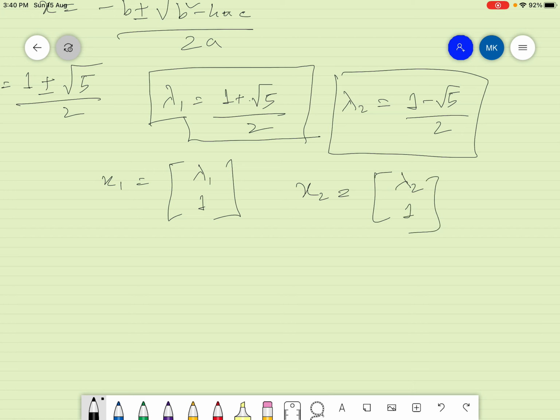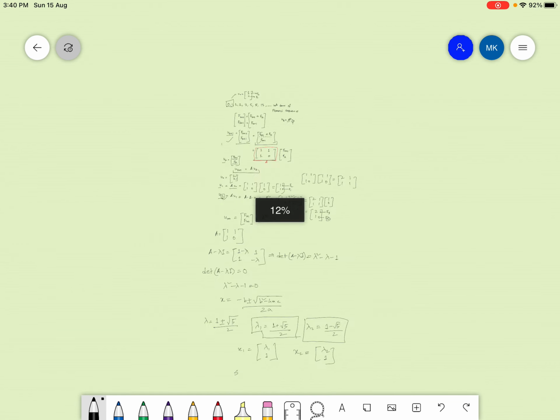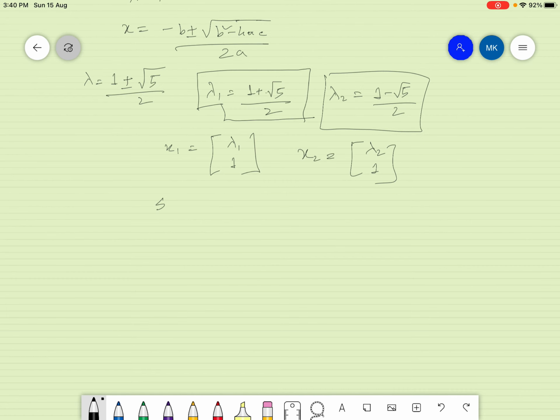So our eigenvector matrix would be S equals [[lambda 1, lambda 2], [1, 1]], right?